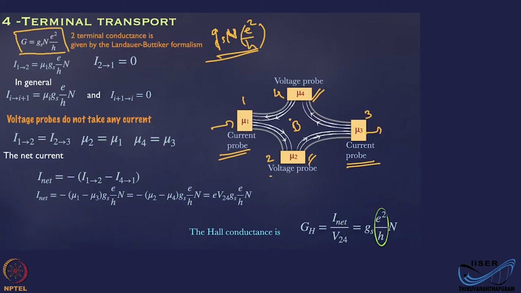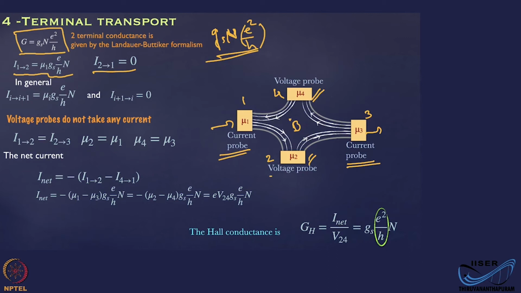Now, I1 to 2 is given by this formula. I2 to 1, the current from 2 to 1, is 0, because all the electrons flow from 1 to 2, but no electrons go from 2 to 1.